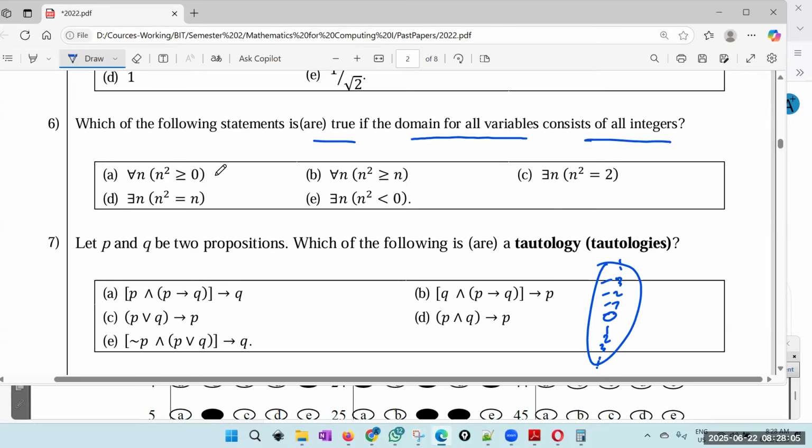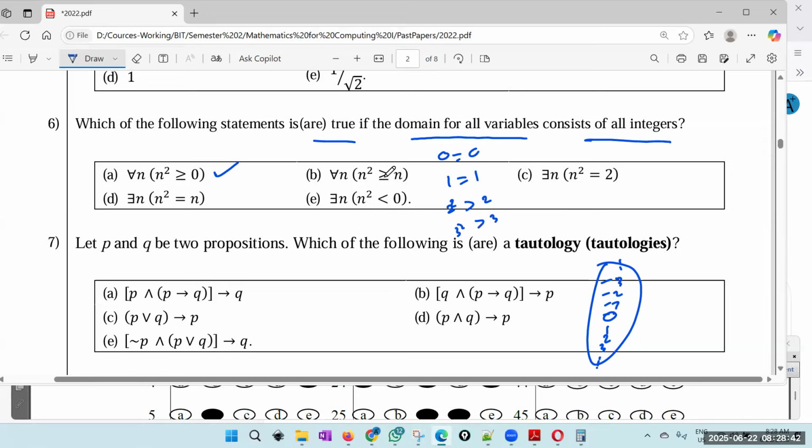That is correct, right? For all integers, when you square, the value is greater than or equal to 0, because even 0 squared is 0, so the equal mark is there. For all n, where n means integers, n squared must be greater than or equal to n. Is that correct? When it is 0, 0 is equal to 0. 1 is also equal to 1. 2 squared is obviously greater than 2, and 3 squared is greater than 3.